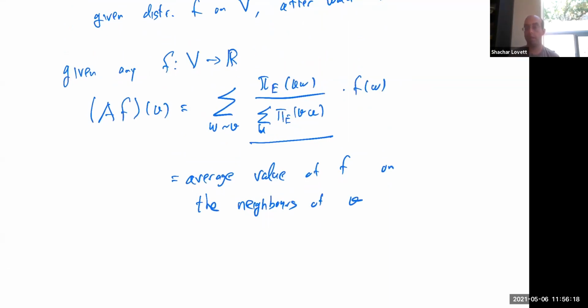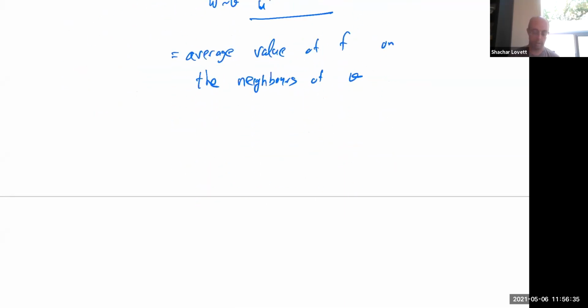Like, when we studied regular graphs, these matrices were always symmetric, which implied nice properties of their eigenvalues. But I'm claiming that exactly the same properties still hold. So I'll just state this as facts.